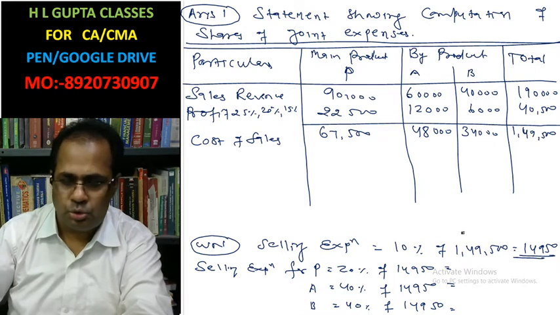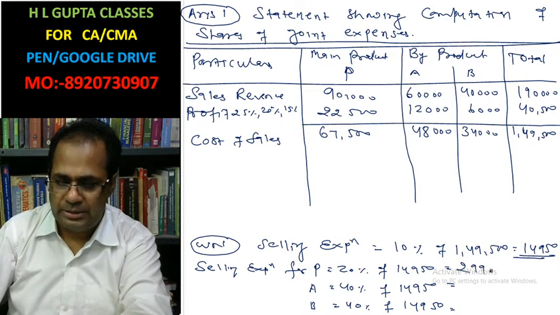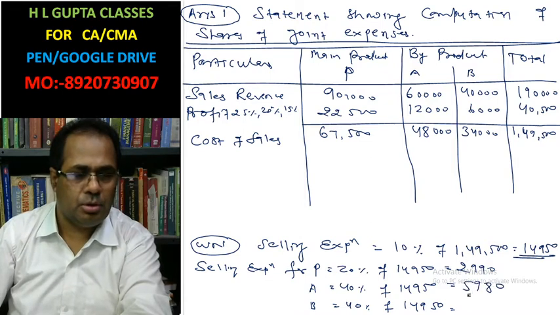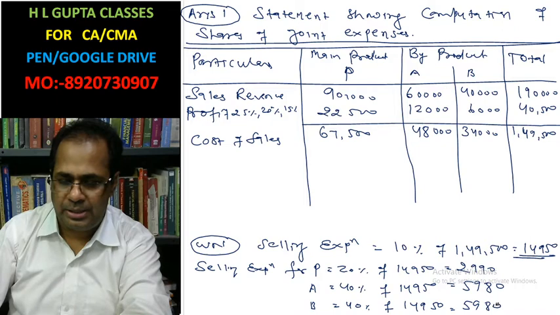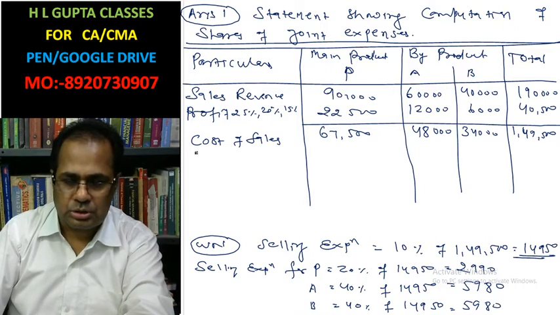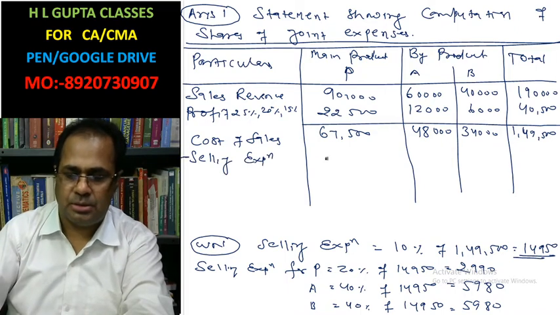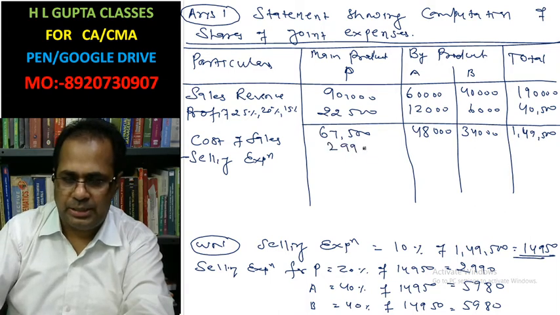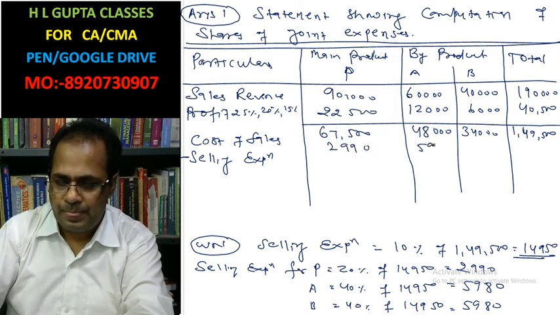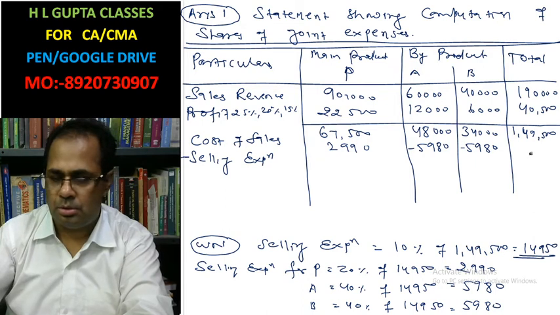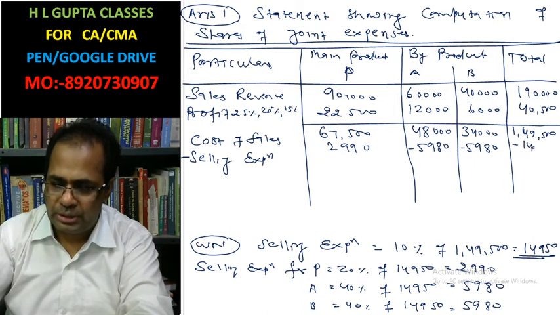This is 2,990, 5,980, 5,980. Selling expenses minus: 2,990, 5,980, 5,980, total 14,950.